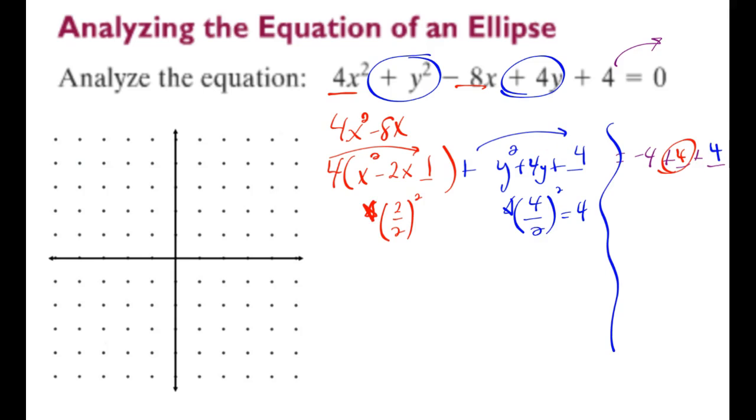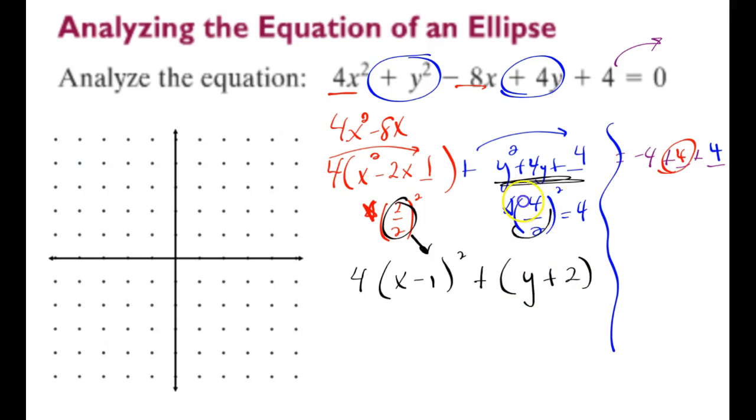So, completing the square, I get 4 times the quantity x minus, it's always just this number, 1, quantity squared, plus, this is a perfect square, y plus 2, again, always just this number, quantity squared, equals 4.